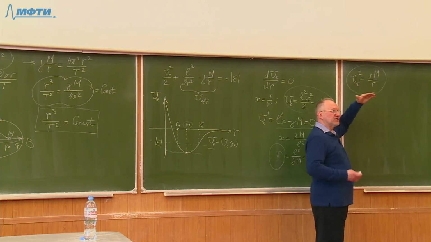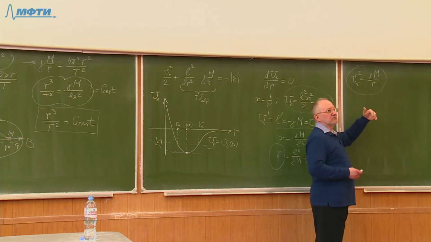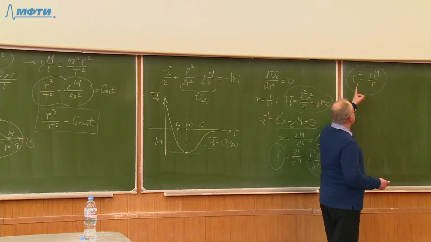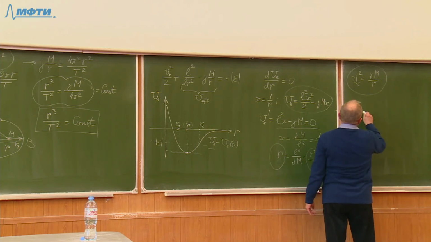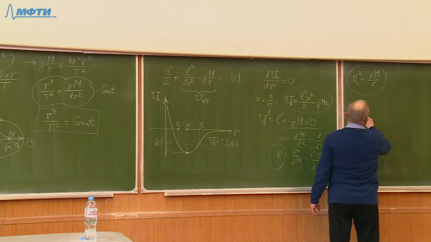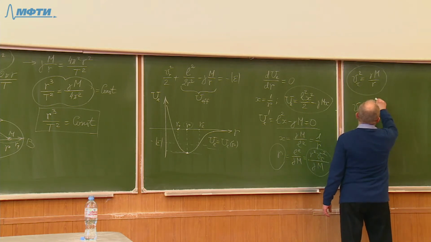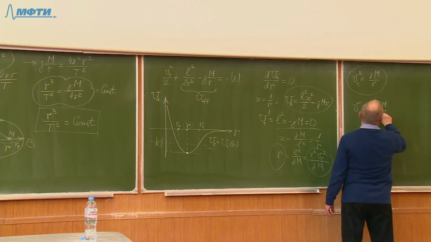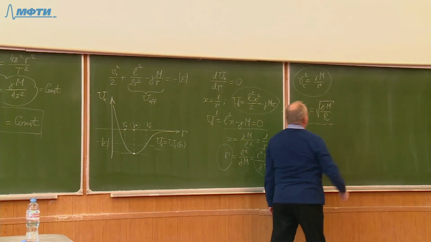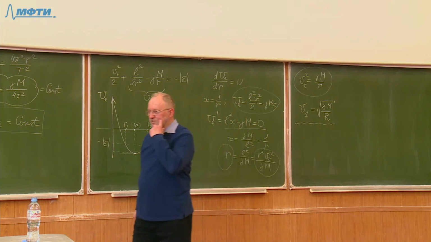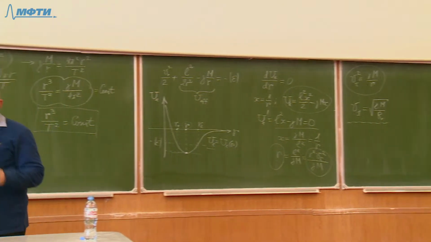That is, the radius of the orbit actually coincides with the radius of the Earth. In this particular case, that will be the first cosmic velocity, or the orbital velocity. From this formula, that will be the square root of gamma M divided by the radius of the Earth. So from here, we immediately obtain the formula for the first space velocity, or first cosmic velocity, or orbital velocity.